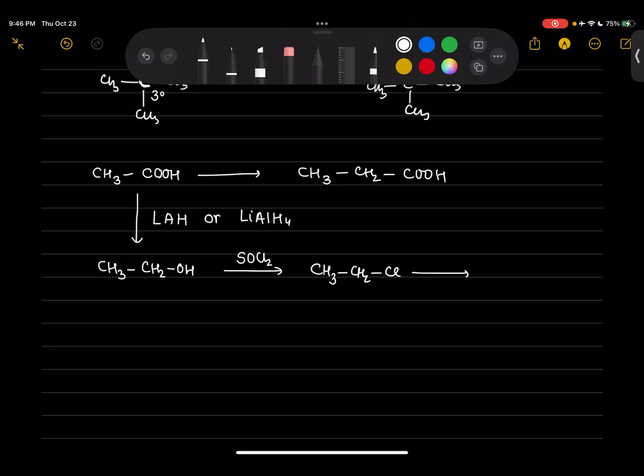Now we can get it converted either using KCN, or you can get it converted to Grignard by heating it with Mg in the presence of ether. And this is going to give CH3CH2MgCl.